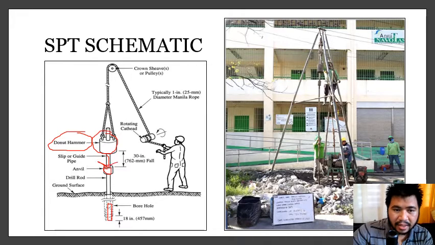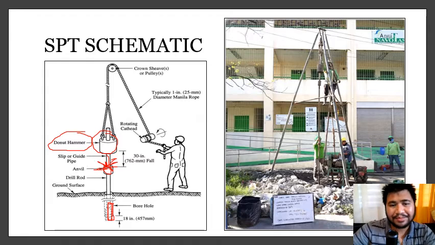So you'll be repeatedly hammering this anvil to push this tube into the ground. And this is an actual SPT in operation. You can see here the jar hammer. You can see here the anvil. The tube is probably somewhere below the ground.